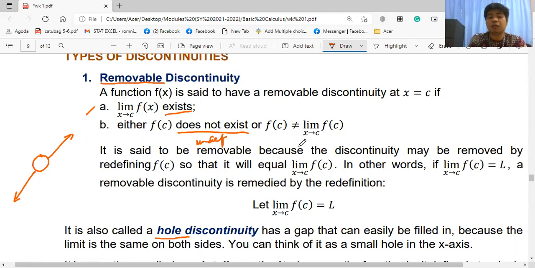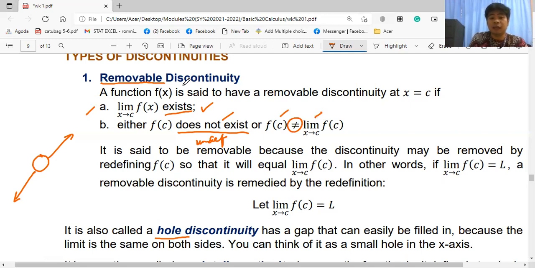So, ibig sabihin nito, dapat mapatunayan natin na yung left and right mag-exist and equal so that A is true, that the limit of f of x as x approaches c exists. Also, kailangan mapatunayan natin na kahit ano dito sa dalawa, f of c ay hindi nag-exist or undefined. Or we can say that f of c is not equal. Take note of that, not equal.